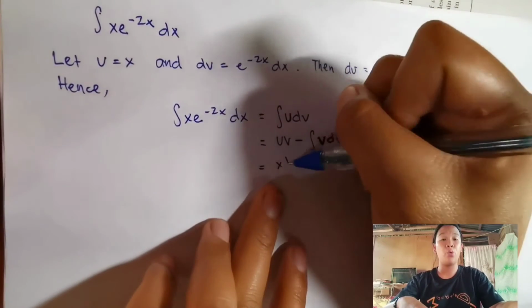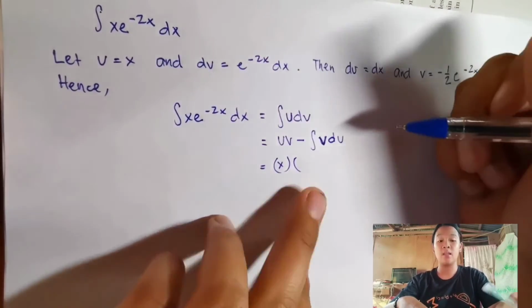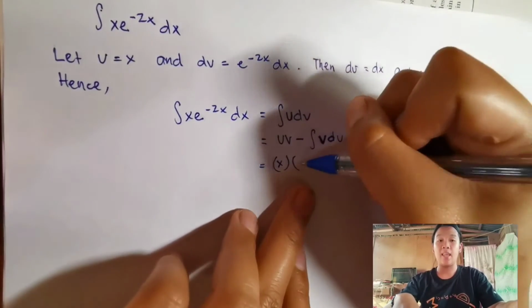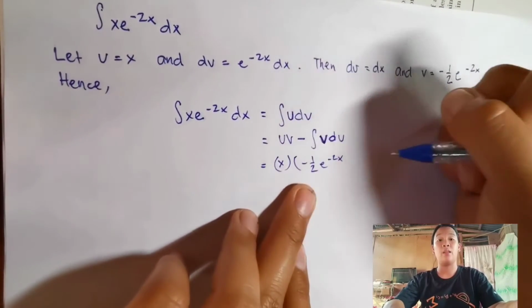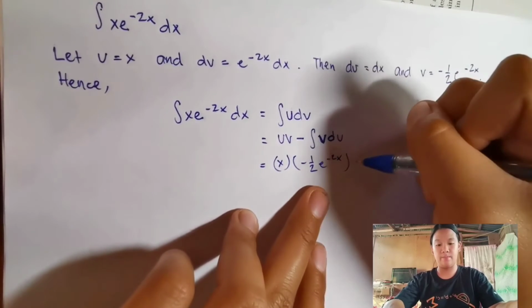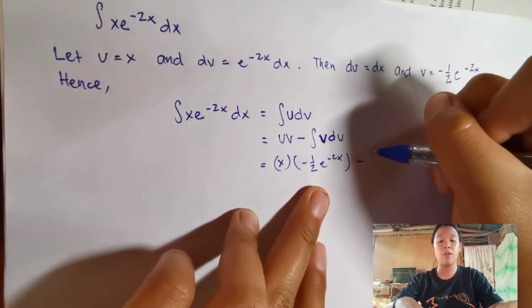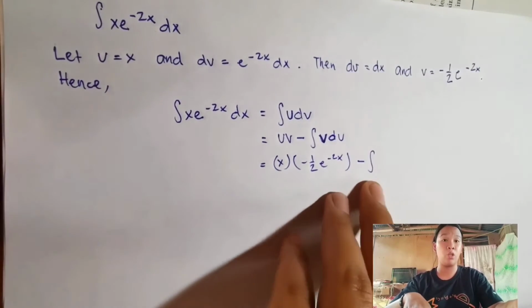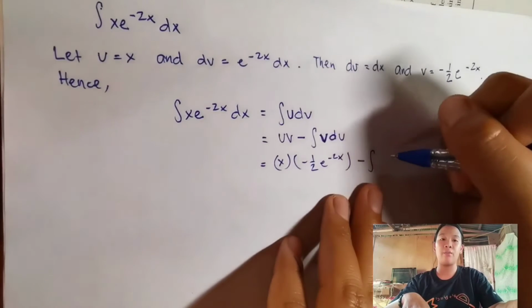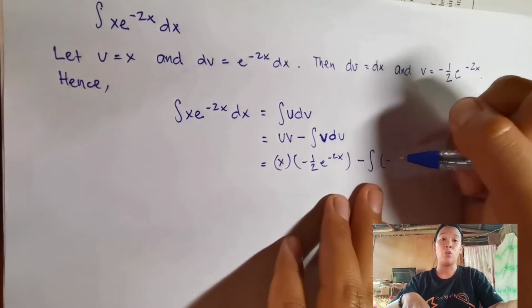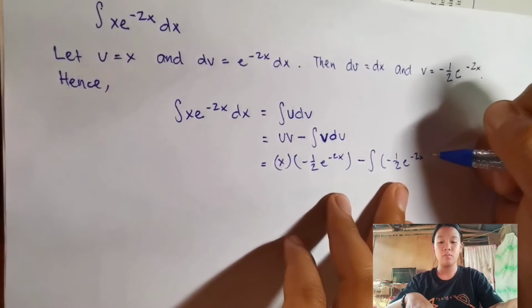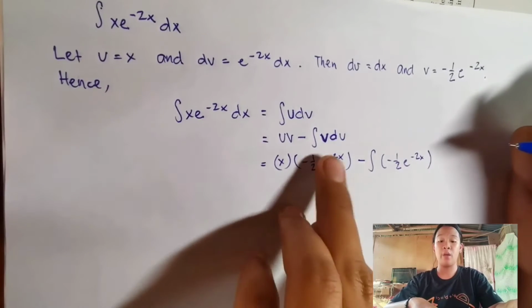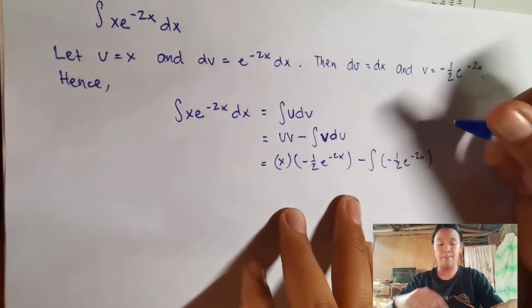The value of u is x times the value of v, which is negative 1/2 e raised to the power of negative 2x, minus the integral of the value of v, which is negative 1/2 e raised to the power of negative 2x, times the value of du, which is dx.